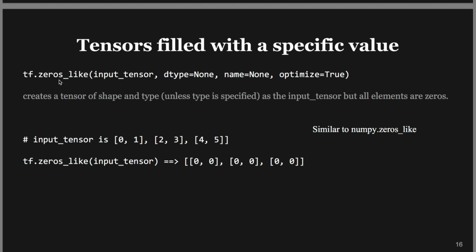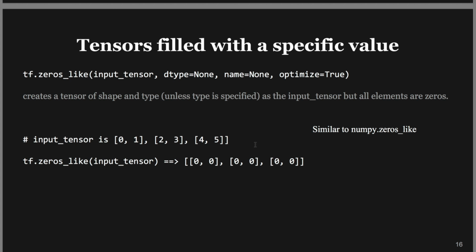So what happens is, let's say we have an input tensor which is a 3 by 2 matrix, and we put in the op tf.zeros_like input tensor, you will get a tensor of 3 by 2 shape filled with zeros.